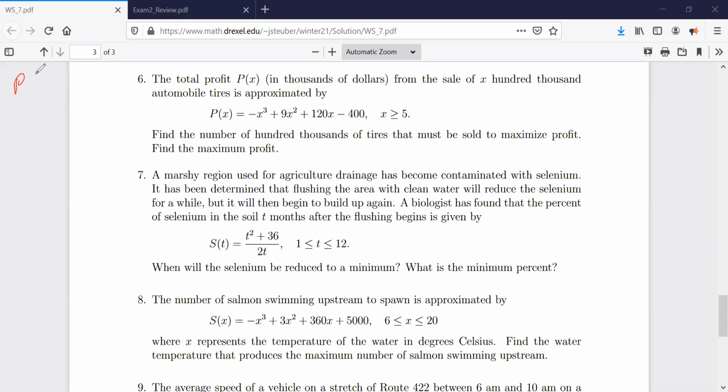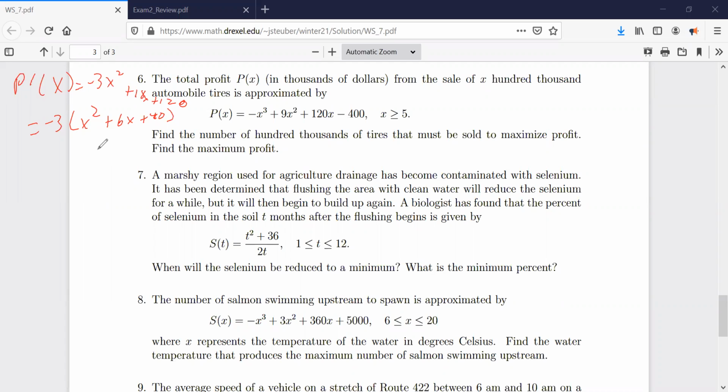So the derivative of this is just going to be -3x squared plus 18x plus 120, right? And now if I pull a -3 out of this, that's equal to -3 times x squared minus 6x minus 40, right?